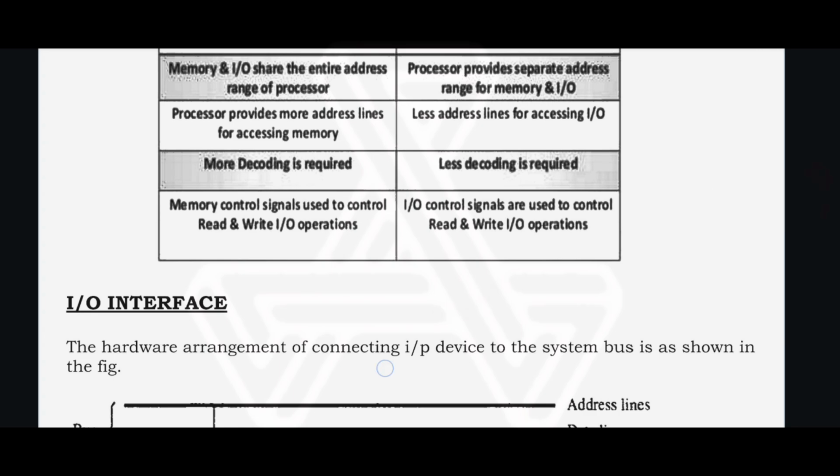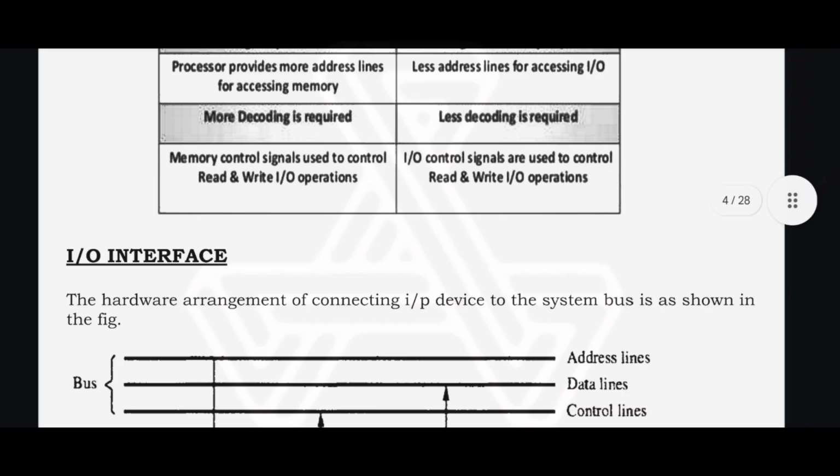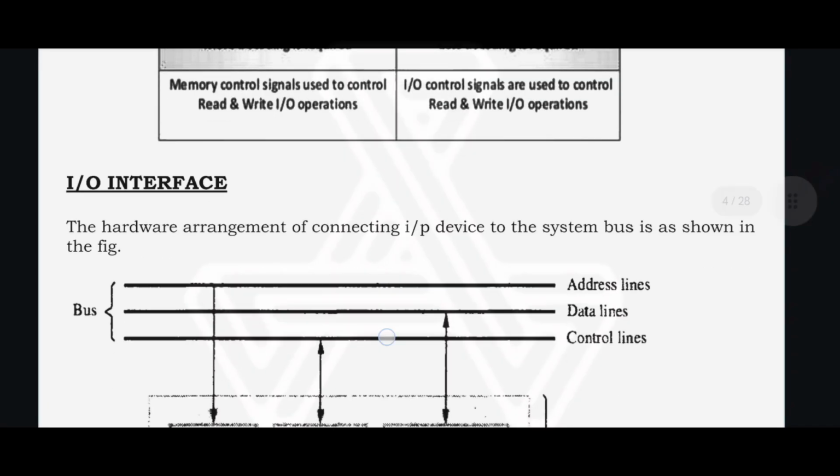More decoding is required for memory mapped I/O, less decoding is required for I/O mapped I/O. Memory control signals are used to control read and write operations. I/O control signals are used to control read and write I/O operations.